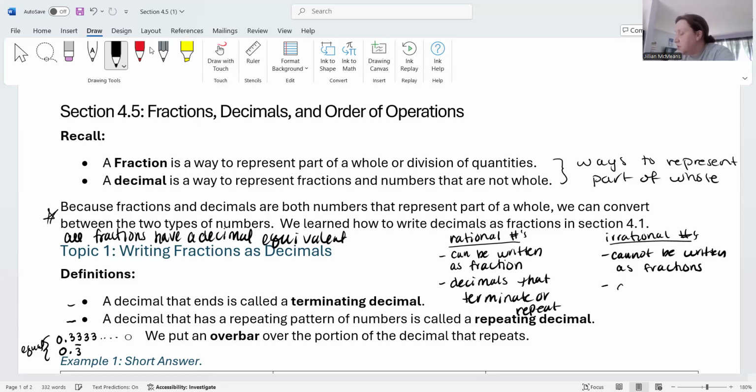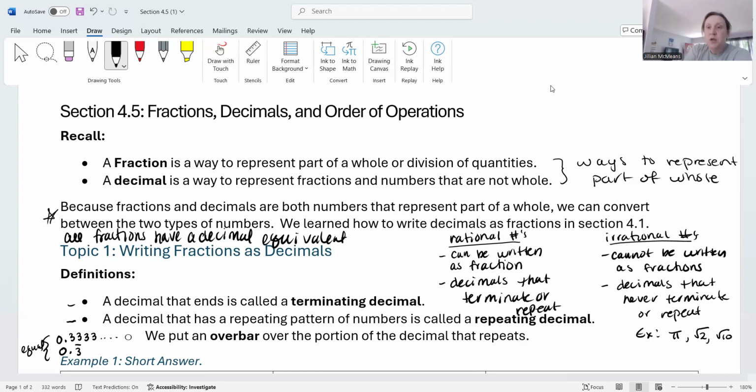So these are decimals that never terminate or repeat. If they never terminate and never repeat, it's just a decimal that goes on and on and on. That would be an irrational number. Examples would be things like pi. We've talked about pi, that's an irrational number. Non-perfect squares, something like the square root of 2 or the square root of 10, are also irrational numbers.